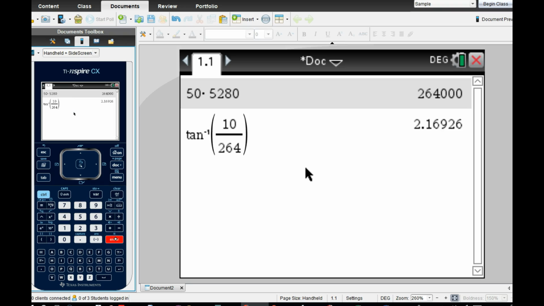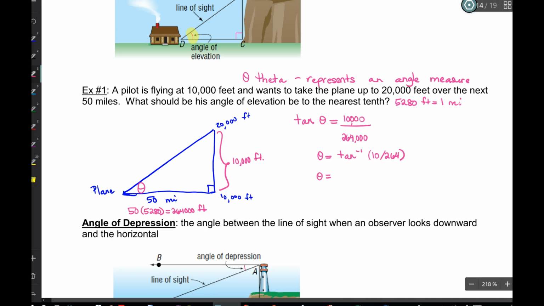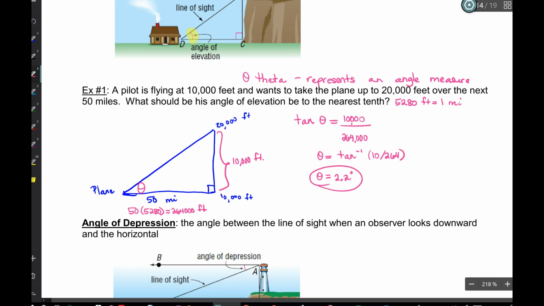We get about 2.2 degrees, which seems kind of small. However, do we really want an airplane to have an angle of elevation of 80 degrees or even 15 degrees? No, a 2-degree angle of elevation is okay. 3 degrees, 4 degrees, but with an airplane, we don't want it to be really large. So it makes sense that it's small.